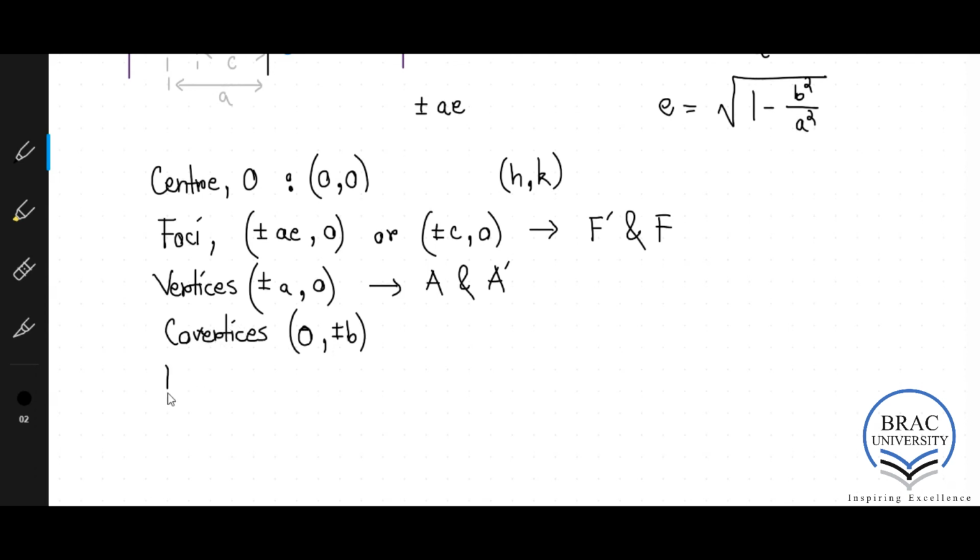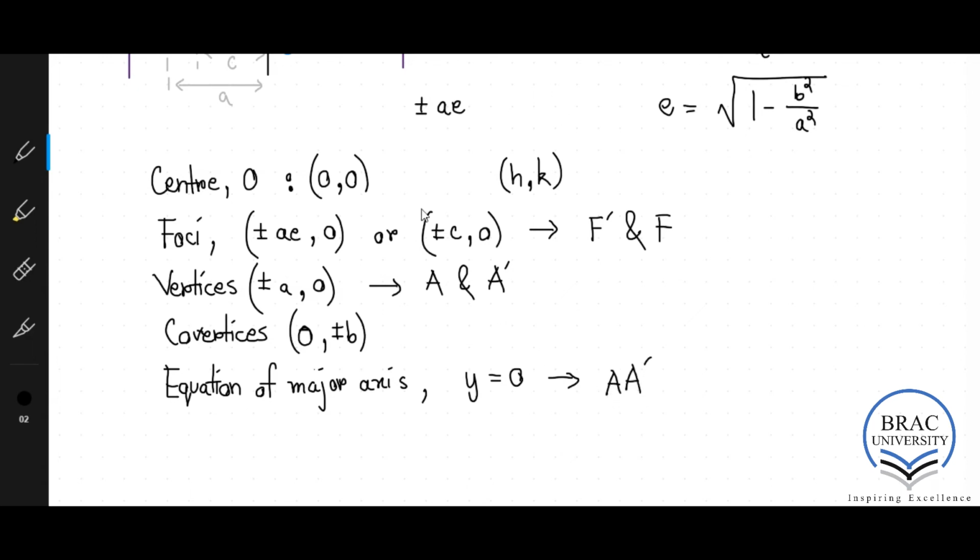We also have the equation of the axis. So, the equation of the minor axis. Let's start with the major axis. This is the longer axis. The equation of the major axis here is y equals 0, and that is representing my points here, A and A prime.